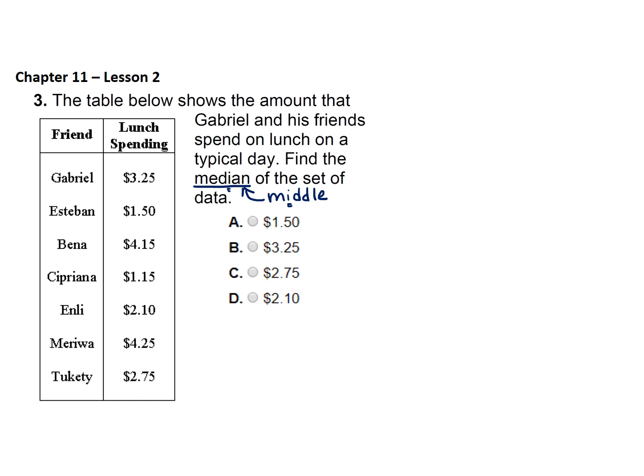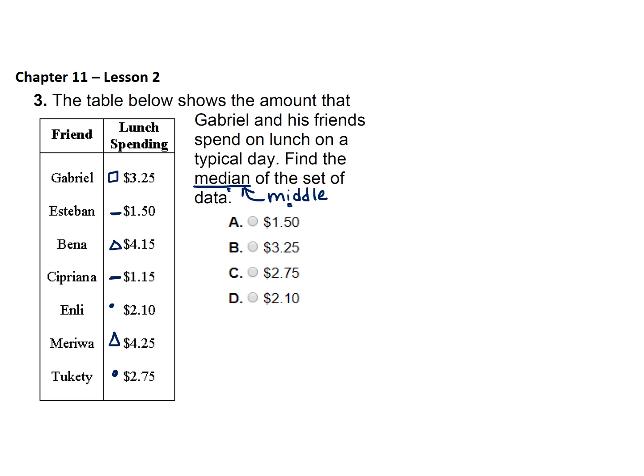Okay, so in this situation, our data is not listed in order from least to greatest, so we need to do that. So these are my dollars, $1 bill values. Here I have $2, and then here I have $3, and then here I have $4. So this is just helping me start off right.